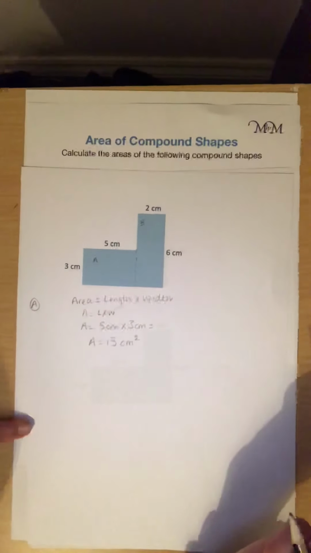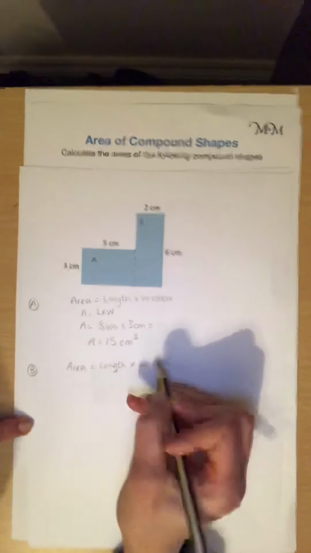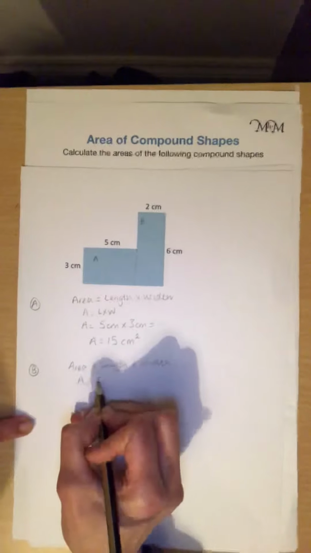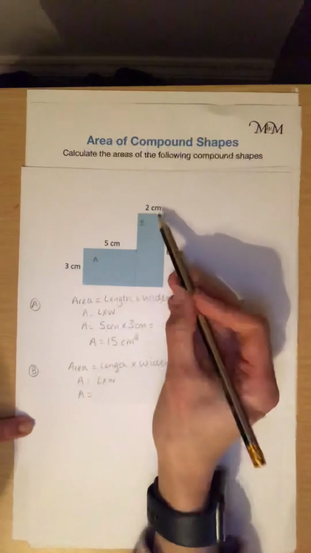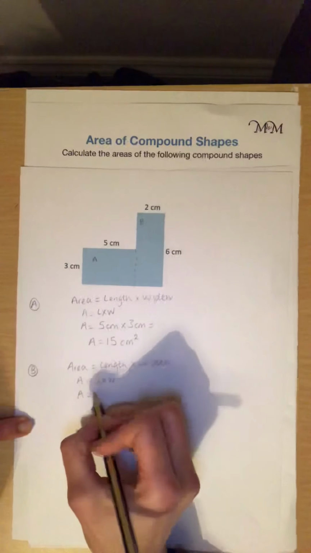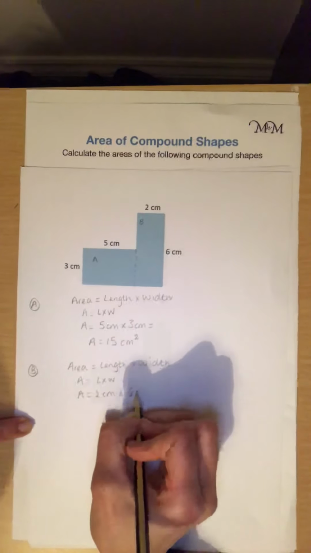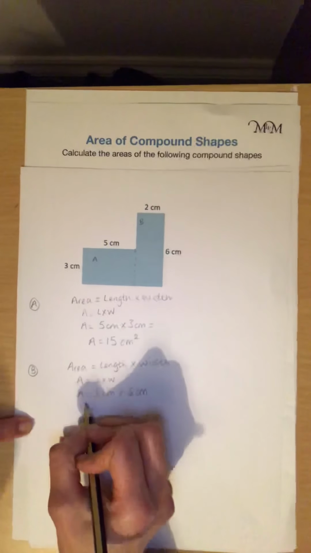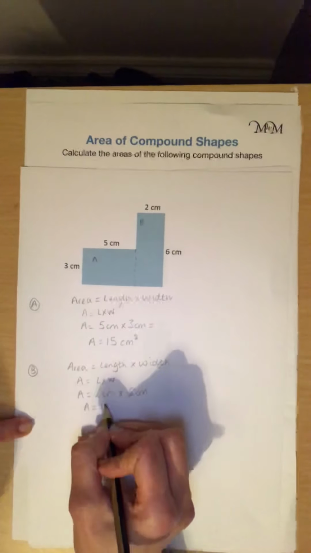So we write this out again. Area equals length times width. Area equals, so this time we have 2 centimeters multiplied by 6 centimeters, which gives us a total of 12 centimeters squared.